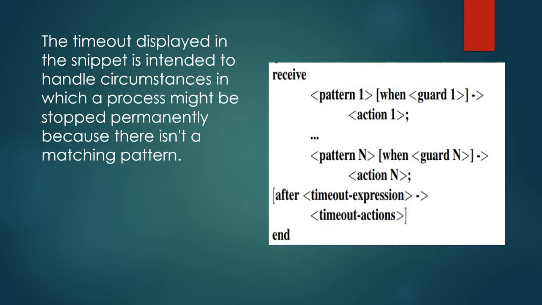So in order to handle these types of situations, a timeout expression is added at the end. For example, if we give 2 seconds in the timeout expression, after 2 seconds the message sent from A will be invalid and the receiving process can start processing other messages.